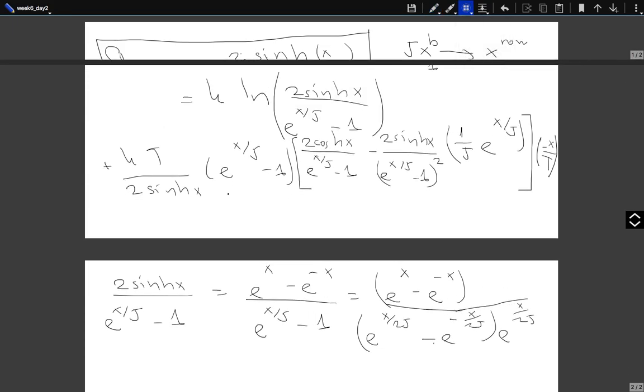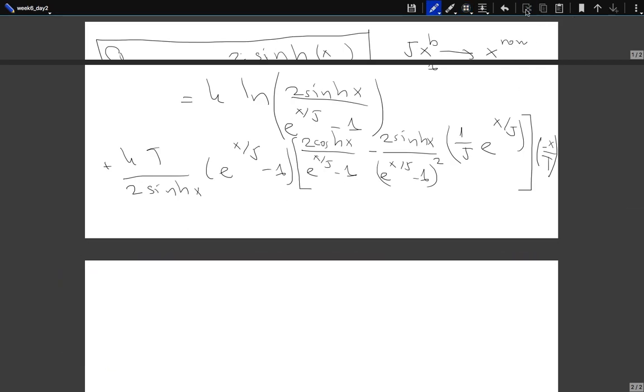Let's try to simplify it a bit. So this is k times the logarithm of twice sinh x divided by e to the power x over j minus 1. Here this T is cancelled by this T over here. Now this factor cancels one of these exponential terms over there, and these two are cancelled by this one.